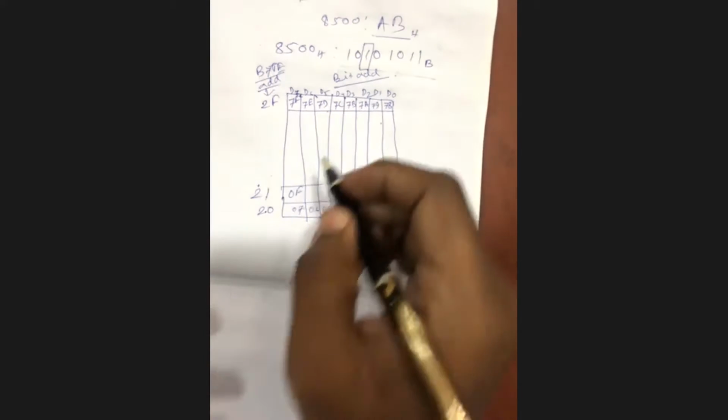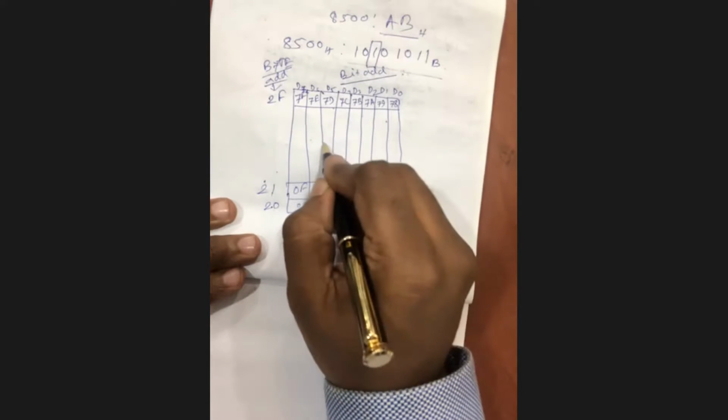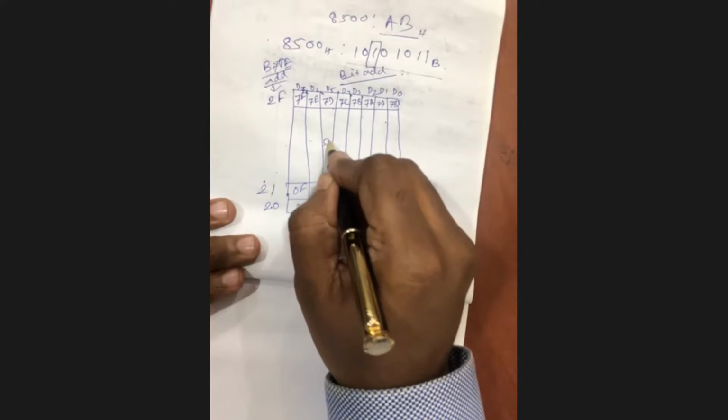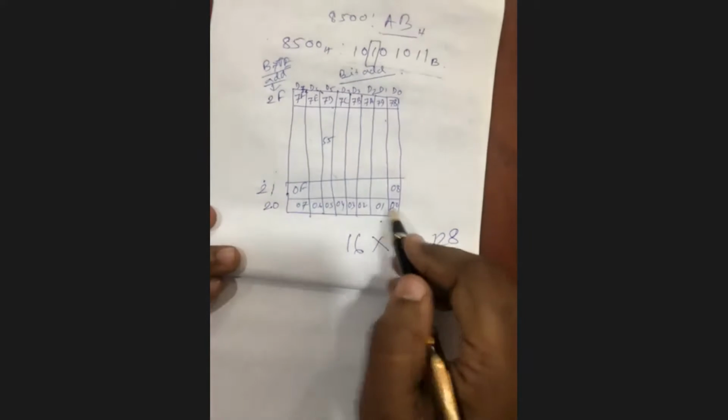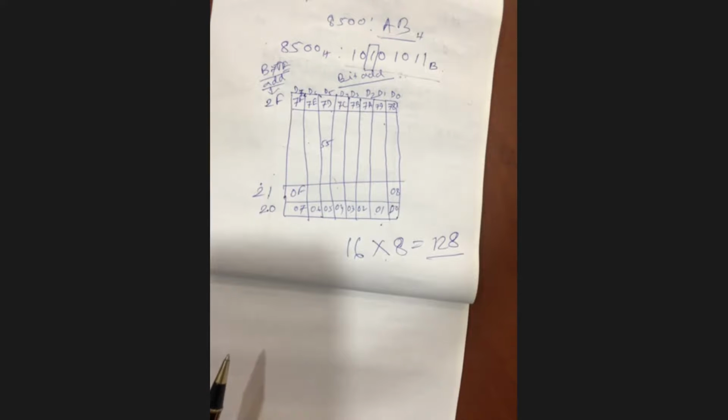Say in between there is a 55 over here. It will be 00 to 7F.